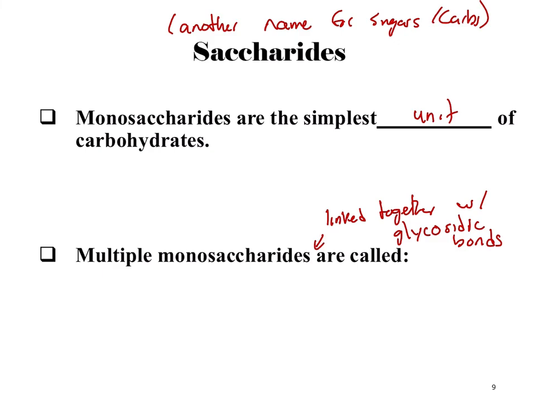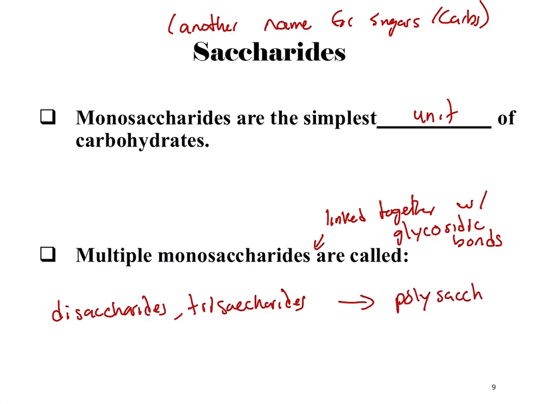And so these become usually other forms of sugars or carbohydrates. And we have multiples linked together, so they're called mono, then we have disaccharides, trisaccharides, and then anything after that we usually just call a polysaccharide.